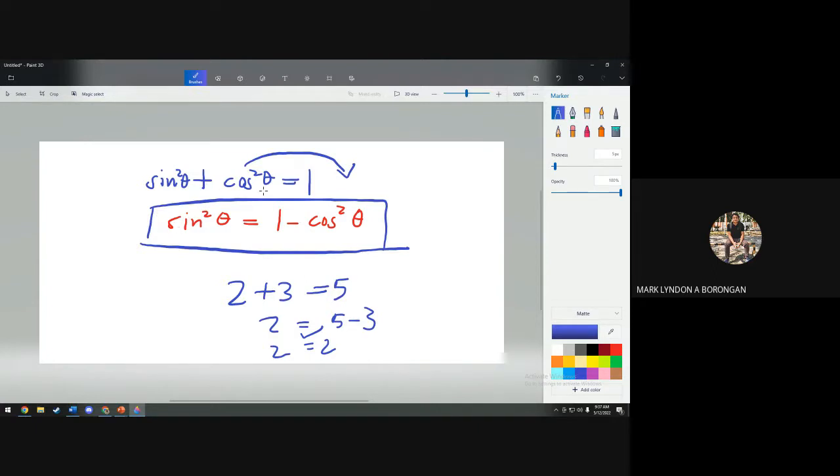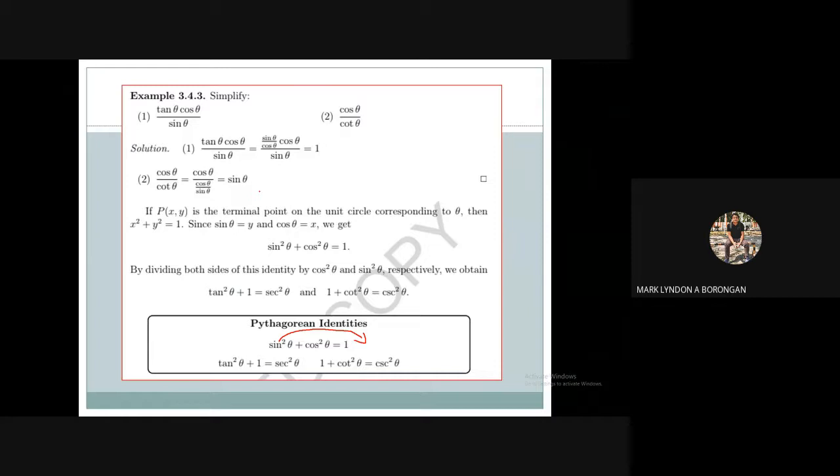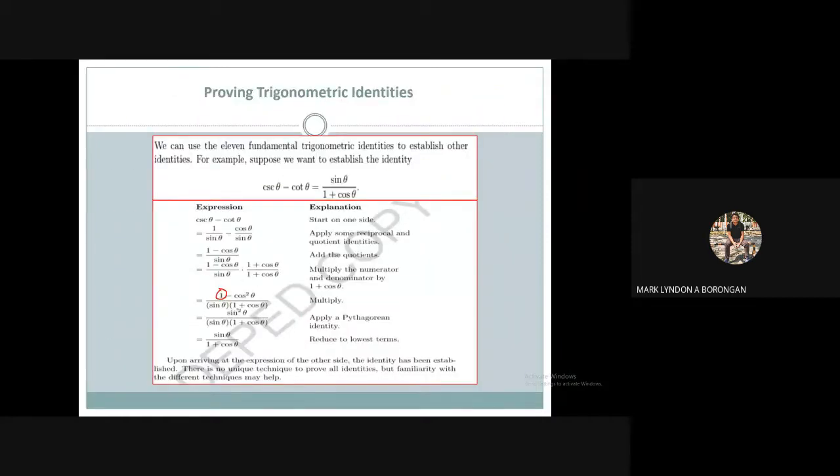Okay. So, since equal lang man sila, represent ato ang 1 minus cosine squared of theta og sine squared of theta. Now, as you can see, atong sine squared of theta ug ang sine of theta diri sa denominator kay common man sila, you can cancel them out.